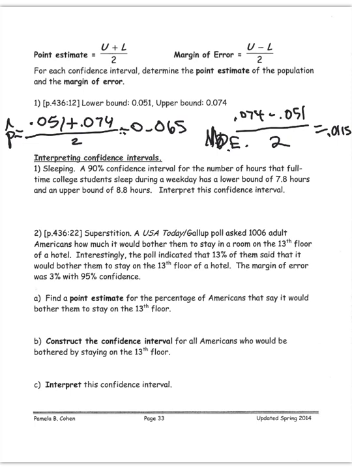Okay, so how do we interpret a confidence interval? I have a couple of examples here. Sleeping. We created a 90% confidence interval for the number of hours that full-time college students sleep during a weekday. And we found that it has a lower bound of 7.8 hours and an upper bound of 8.8 hours. And we want to interpret the confidence interval. So the first thing we're going to do is find the point estimate.